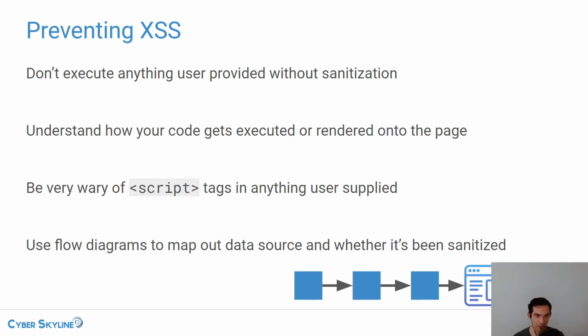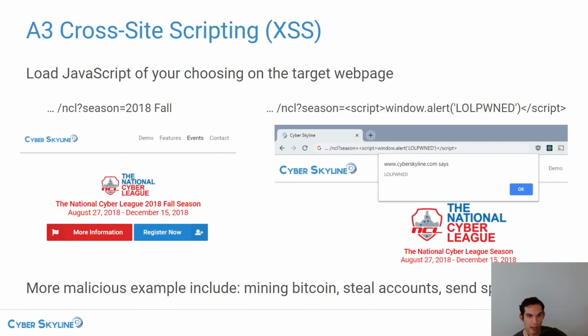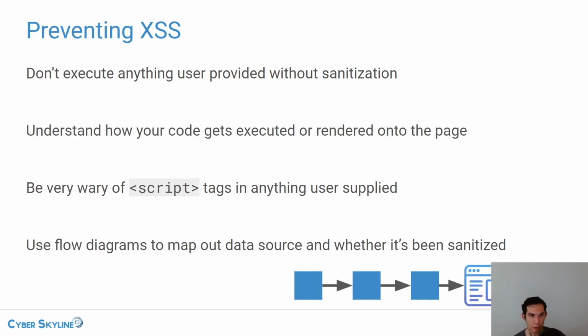So for example, if you had a script tag which ran something that the user inputted, like the query parameter there, the season information that we had, and that is being run inside a script, you've got to be careful. Or if you're allowing the user to put script tags in their input and then running that, obviously that's pretty dangerous.